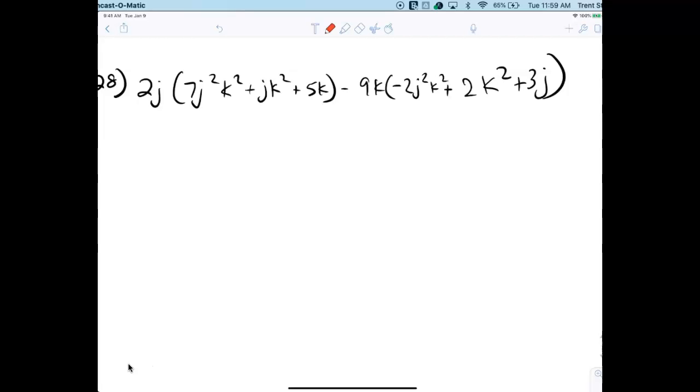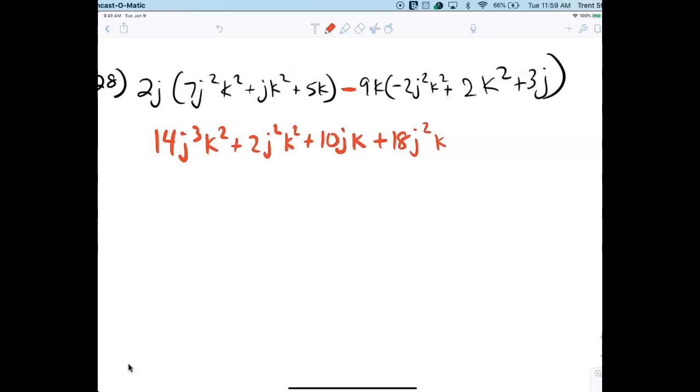So it's 14jk squared plus 2j squared k squared plus 10jk plus 18k j squared k cubed minus 18k cubed plus or minus 27j.